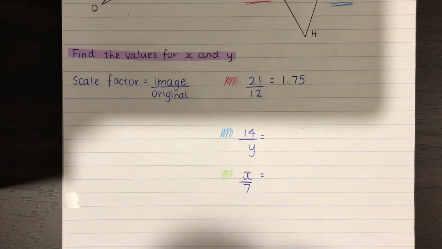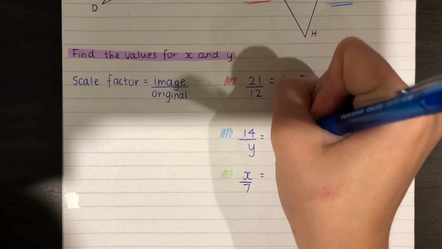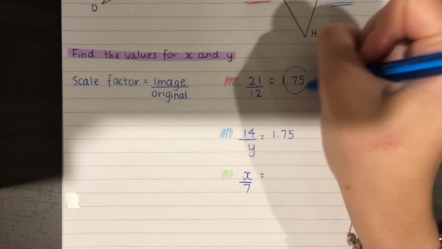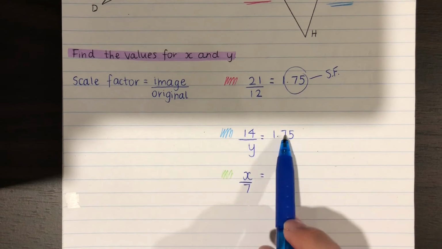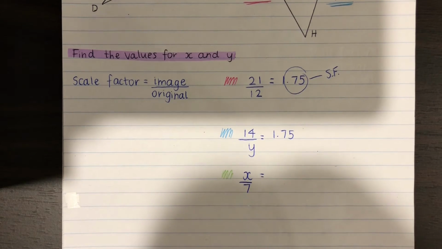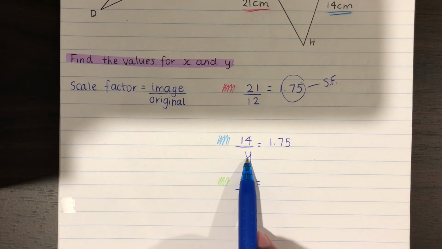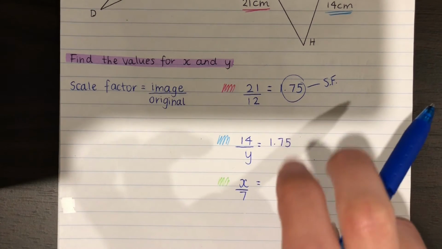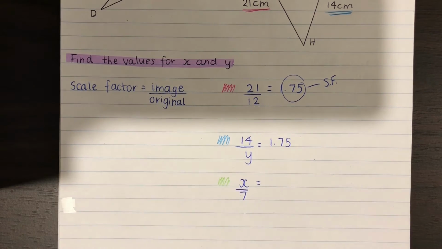Okay, so how are we going to do this? If we wanted blue to equal 1.75, which is our scale factor, how would we get Y to equal 1.75? Well, this is where you need to remember your knowledge from algebra and rearranging sides to find Y. You would know that to get Y, which we can say is down the bottom, you would need to do 14 divided by 1.75.